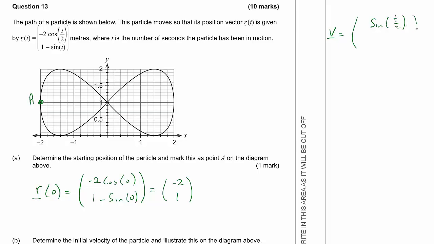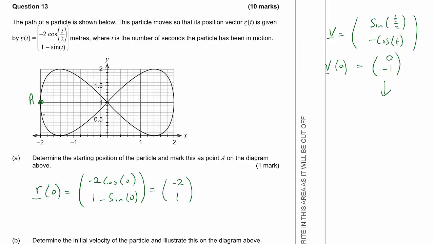So it's just going to be sine t over 2. Sine differentiates to cos, so that's going to be negative cos t. And so v of 0 is going to be 0, -1.